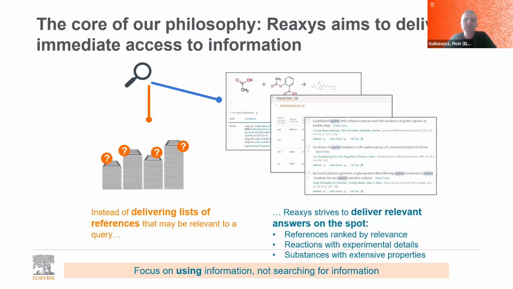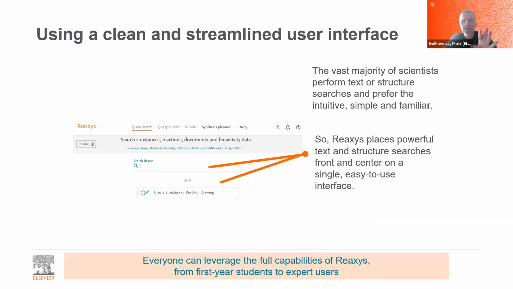Whatever we can extract will be extracted, and you can look at data before you have to go to the original document. And every time, of course, there is a link to the original document so that you can check the article or a patent.